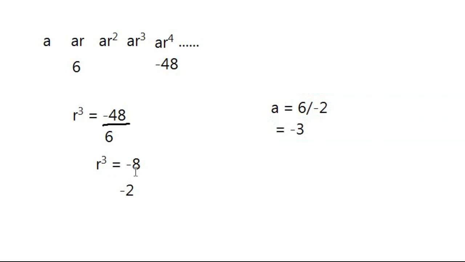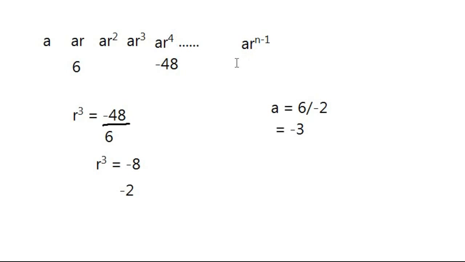And now we need to find the 10th term. If you notice, the first term doesn't have an r, the second term has 1 r, the third term has 2 r, and you can deduce that the nth term will be ar to the power n minus 1, because the fifth is power 4. It's just how sequencing works.